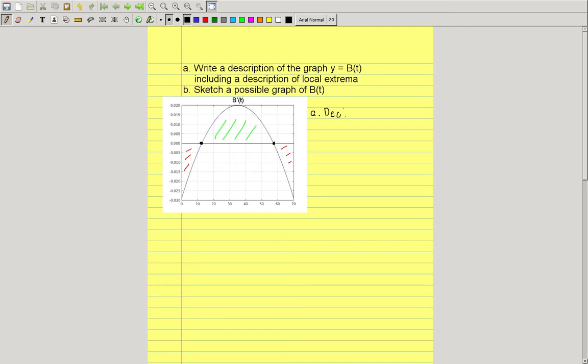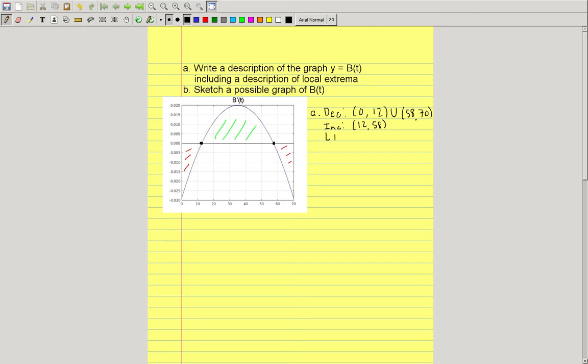We are decreasing from 0 to, let's say, 12, and also from 58 to 70. The function is going to be increasing in the region in the middle, so from 12 to 58 months.